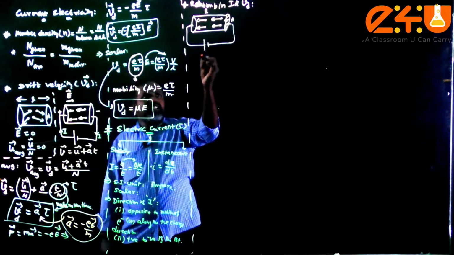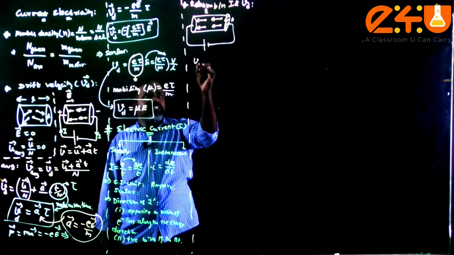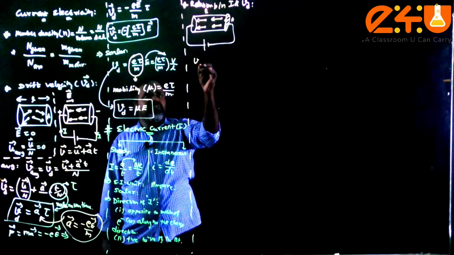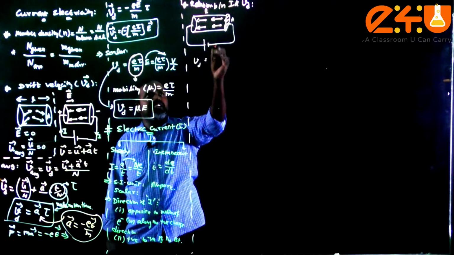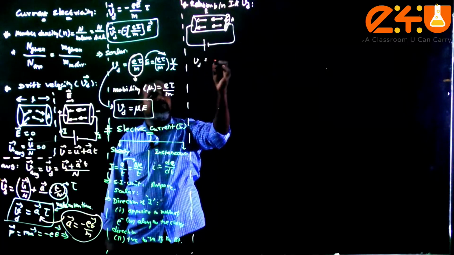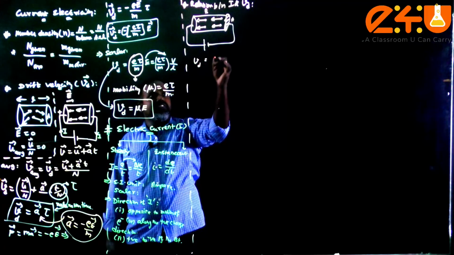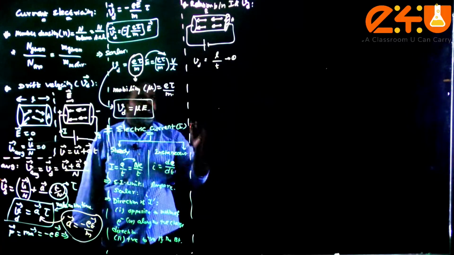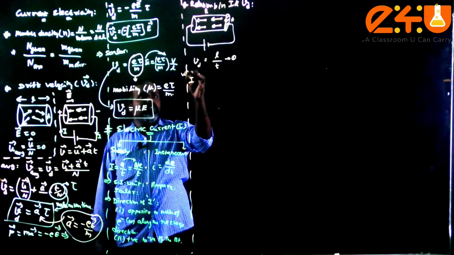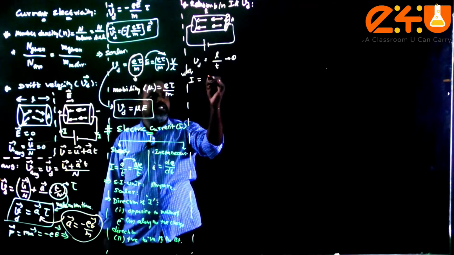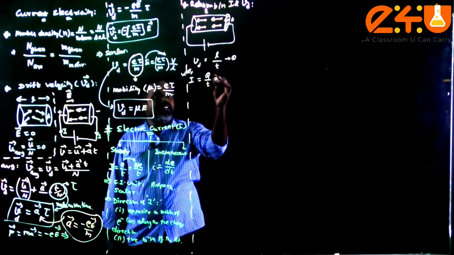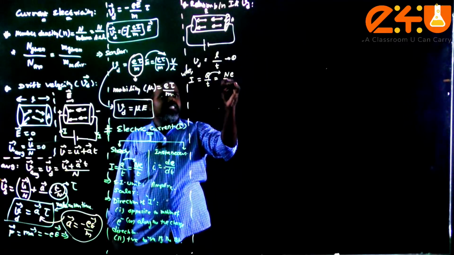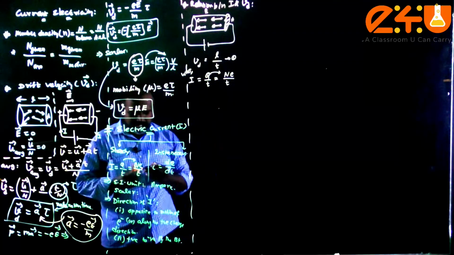By definition, velocity is distance by time, so Vd is distance by time. This is the first expression. And again, by definition I is equal to Q by t, where Q is nothing but Ne by the quantization rule.